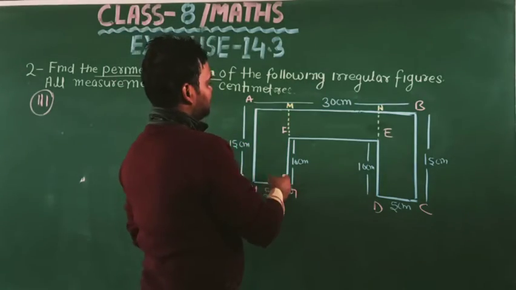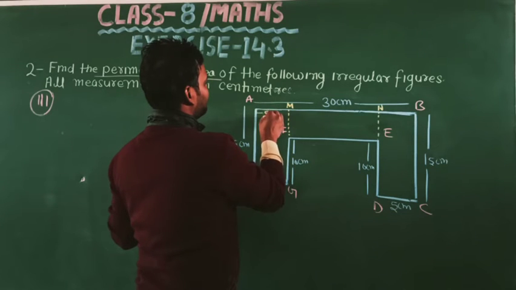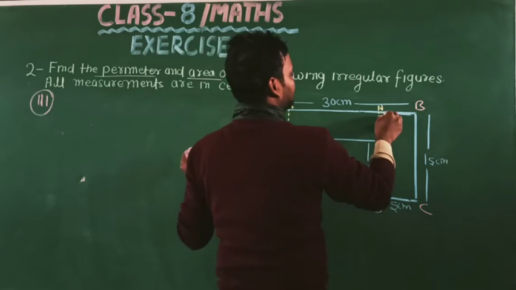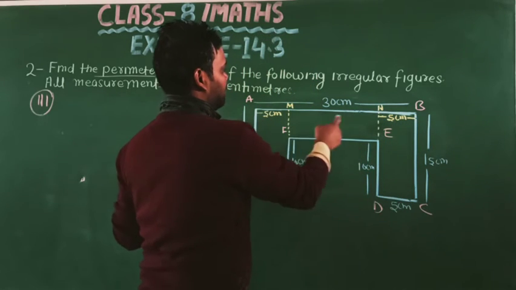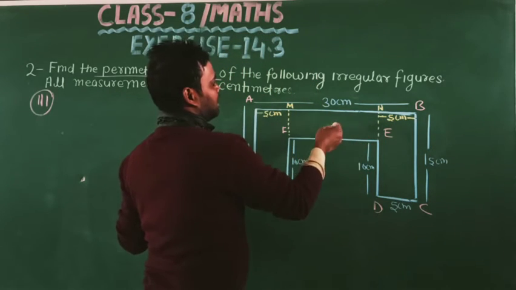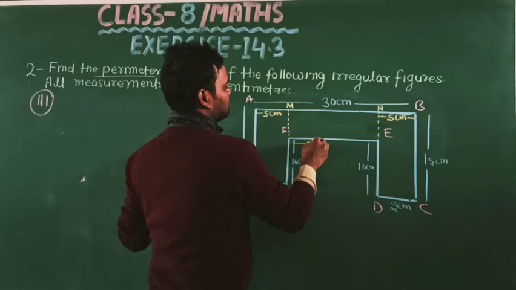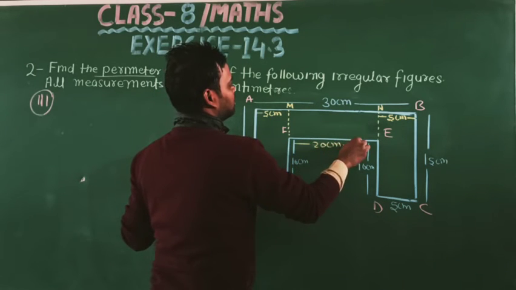This side is 5 centimeter. Then this is also 5 centimeter. And same here, this is 5 centimeter. Okay. So 5 plus 5 is 10. 30 minus 10, which is 20 centimeter.